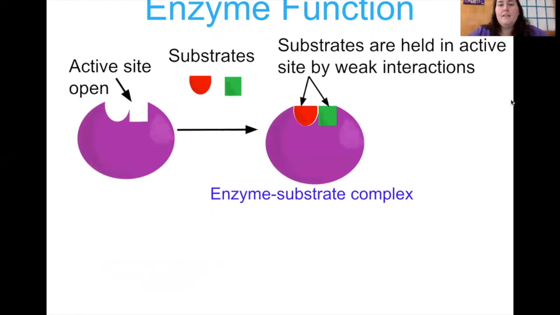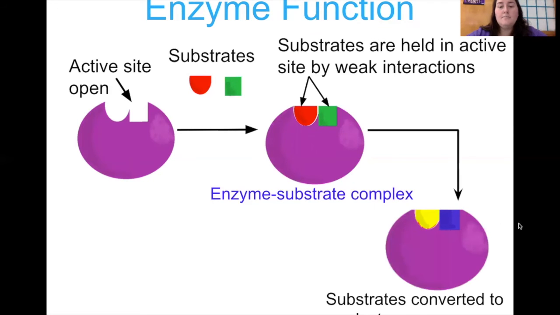While these substrates are within the enzyme, they are held by a weak bond or a weak interaction in the active site. They do not stay there forever. And remember, the enzyme itself does not break down. When the active site is open, substrates can bind to it, and then this enzyme-substrate complex can catalyze those reactions.